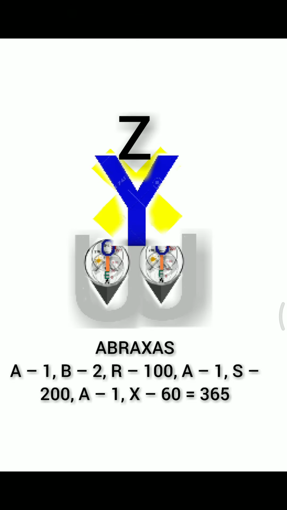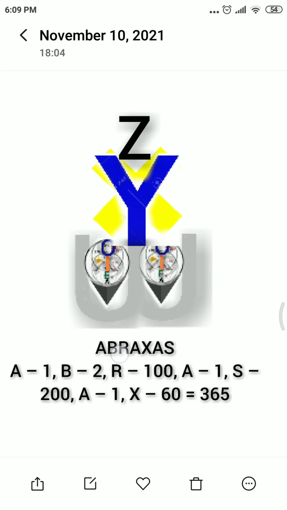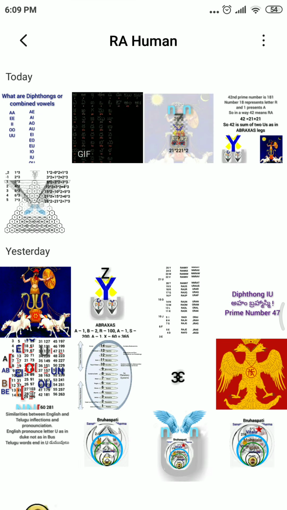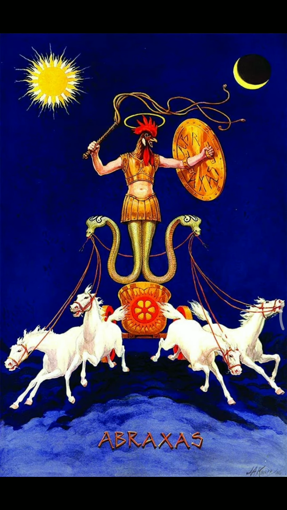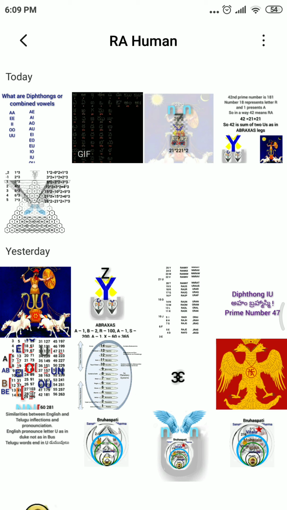So the total of ABRAXAS comes to 365. Some of the Gnostic schools believe that this guy had 365 archons, and he made the 365 days of the year with each of those archons.